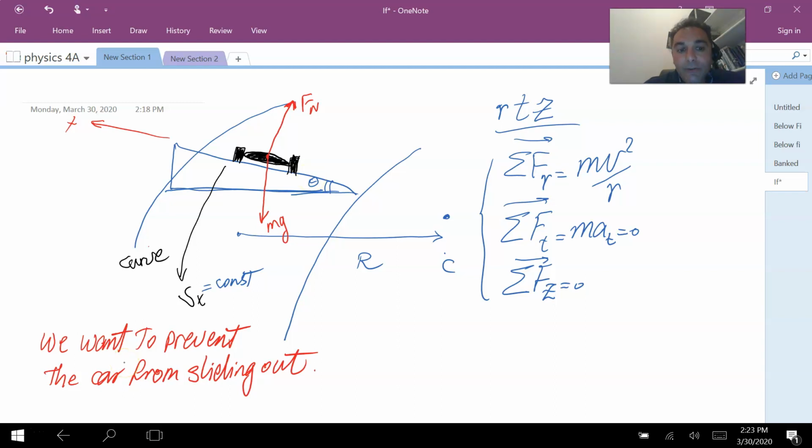So we want to prevent the car from sliding out. So let's assume outward, out of the curve, is the positive direction, okay?